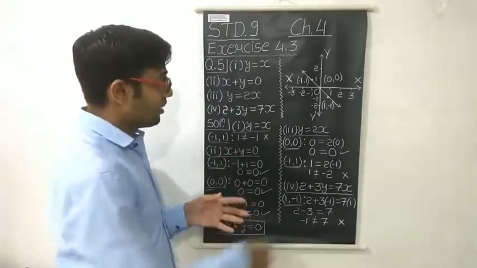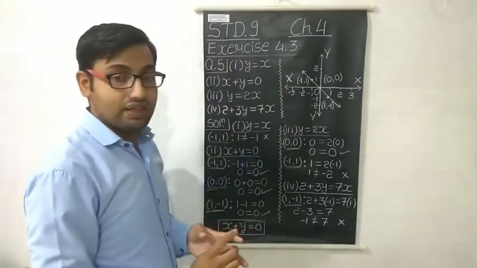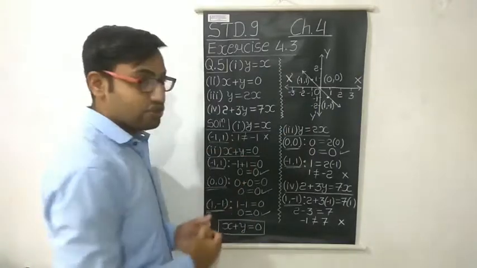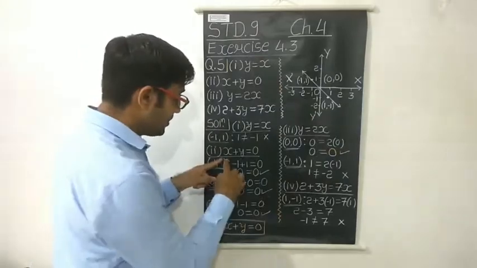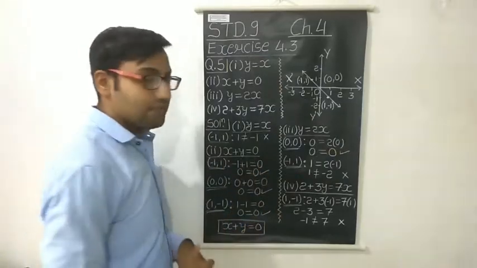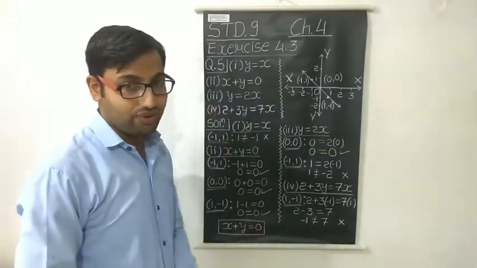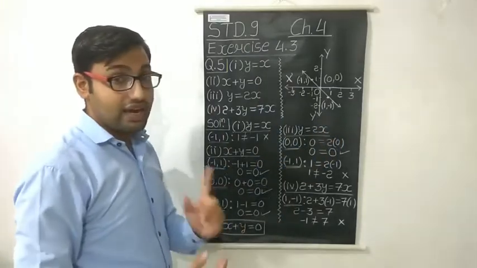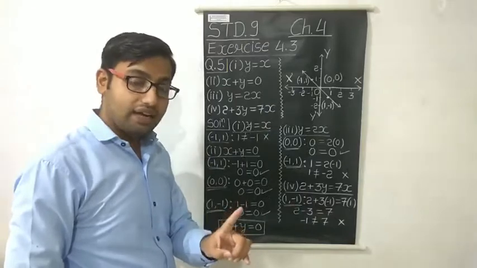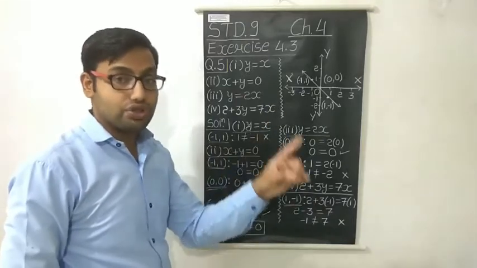Now we can say that all the 3 points satisfy this equation, that means this graph is of the linear equation x plus y equals 0. So now we know that this graph is of this line, and there is a unique line for every linear equation.